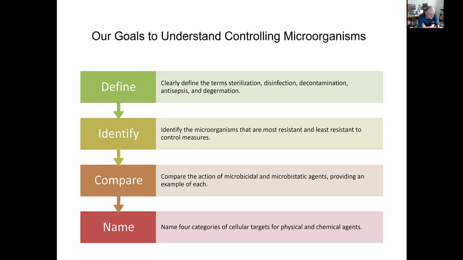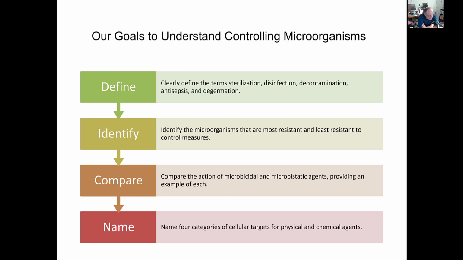We identify microorganisms that are most resistant and least resistant to various control measures. We have to know what our goals are when we do the control. That's really important. When someone asks you to decontaminate or sterilize, you should understand what the goal is in that process, to make sure it's done properly.